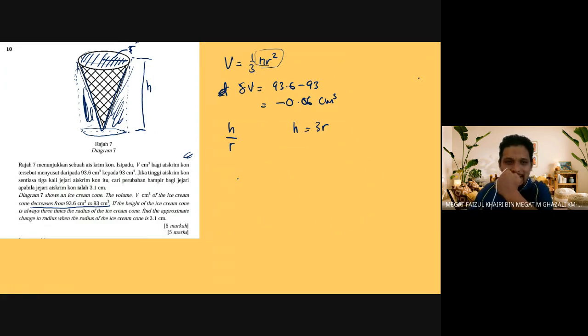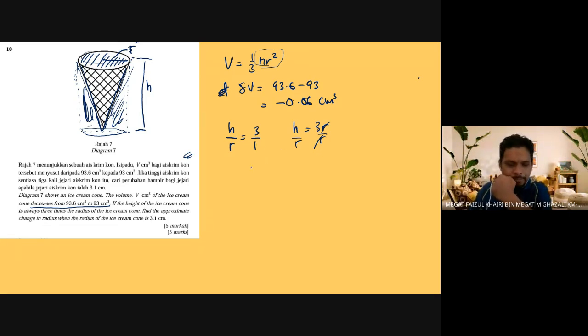So now if the height is always 3 times the radius, find the approximate change in radius if the radius is 3.1 centimeters. The ratio is 3 to 1: if we divide by r here and by r here, r divided by r, so h to r equals 3 to 1.